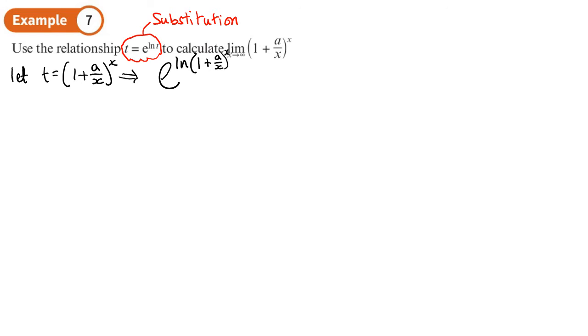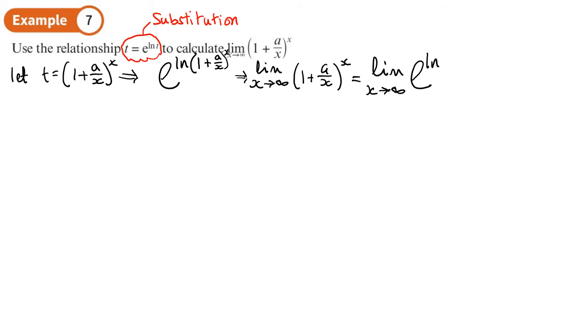Well, if we look at the original question, which is finding the limit of 1 plus a over x to the power x, that can be written as the limit as x tends to infinity of e to the log of 1 plus a over x to the power x. Because we know that these would cancel down, which we're not going to do because we'll end up back where we started. But those two are equal.